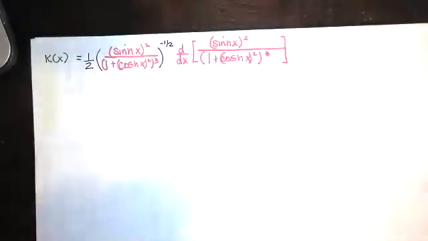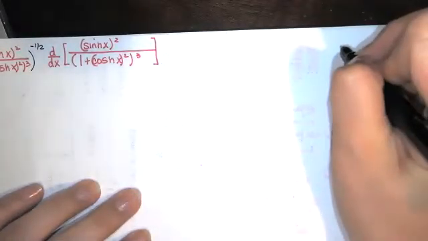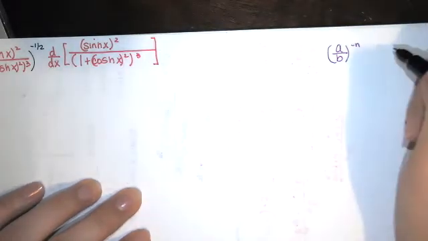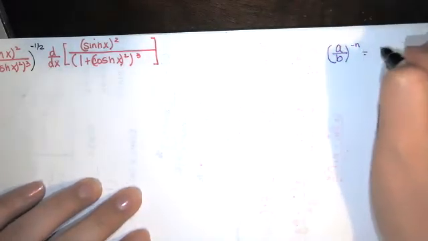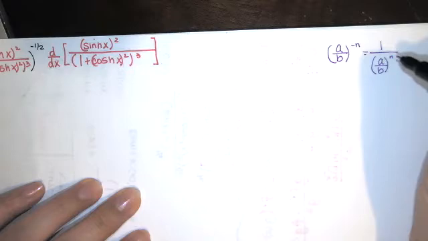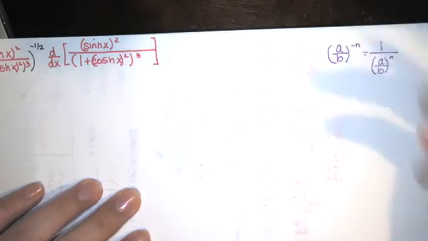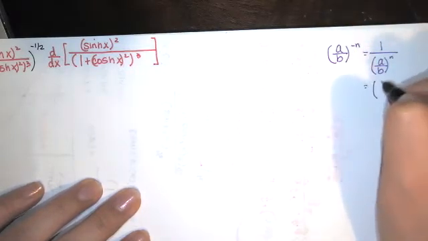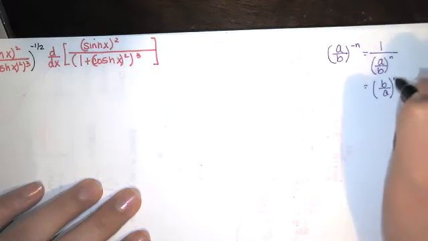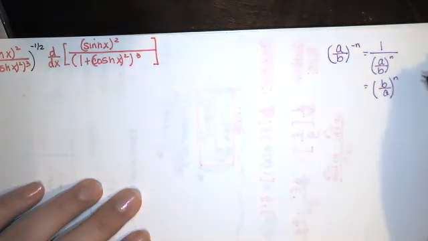You've got a fraction raised to a negative power. So here's a fact. If you have a fraction raised to a negative power, well, that's 1 over the same fraction raised to a positive power, but taking 1 over a fraction is just flipping it. So what this does, when you take this fraction and raise it to a negative power, it just flips it and raises it to the same power that makes it positive.